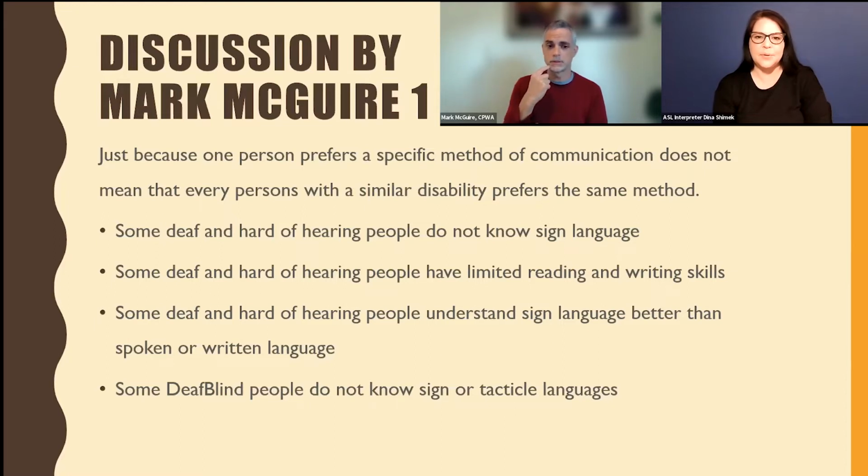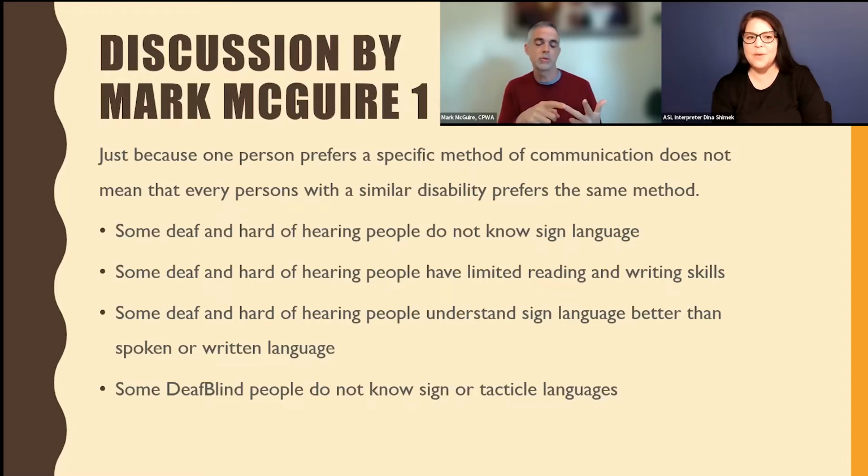For example, if someone is deaf or hard of hearing, you have to realize that not everyone in that community knows sign language. There are some deaf and hard of hearing people that actually have limited reading and writing skills as well. There are some deaf and hard of hearing people that understand sign language better than spoken or even written language.